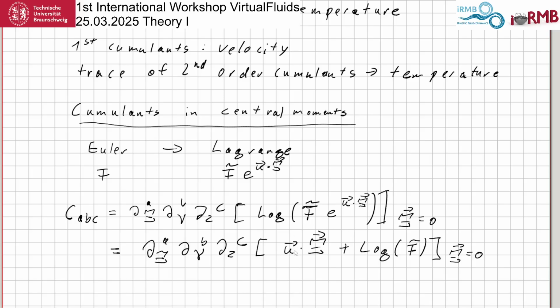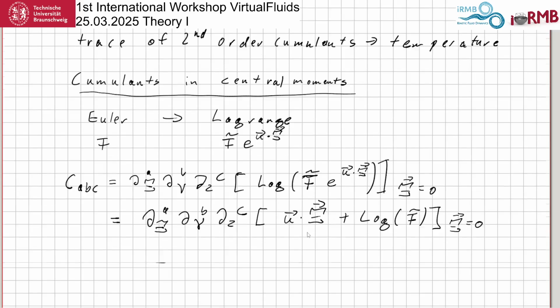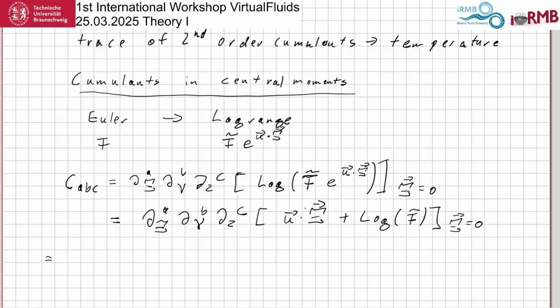Now here you have a linear function, and you take the derivative of it, and then after this you also take xc equal to 0. So this will be non-zero only in the first derivatives, obviously, right?